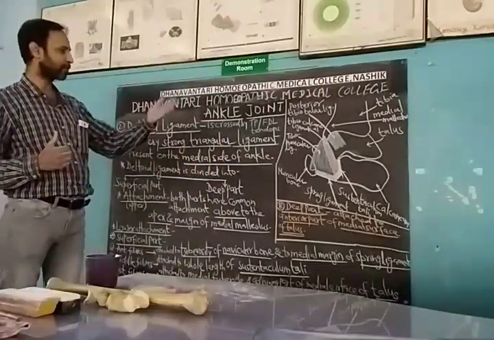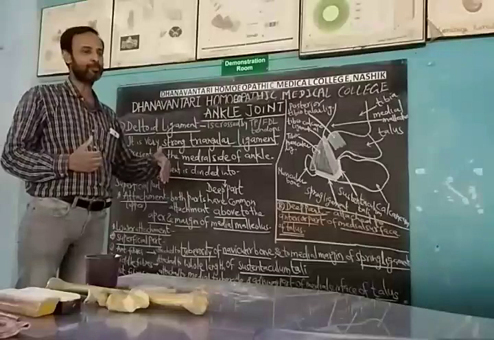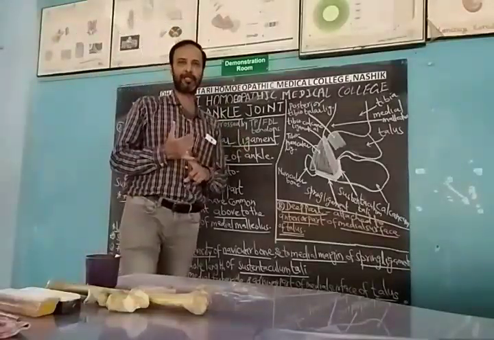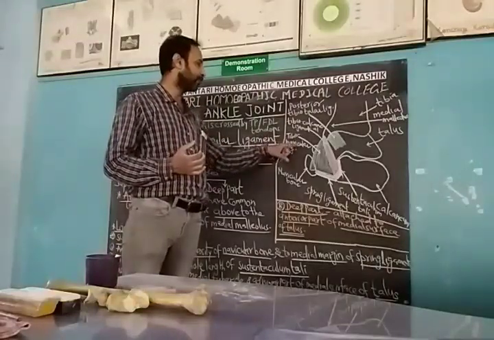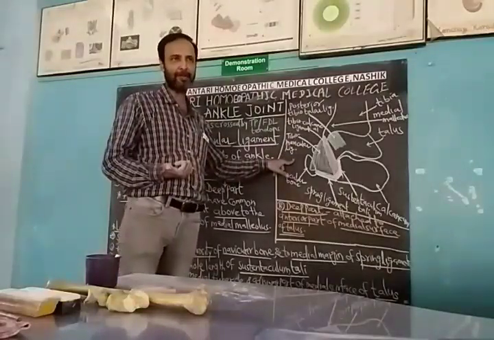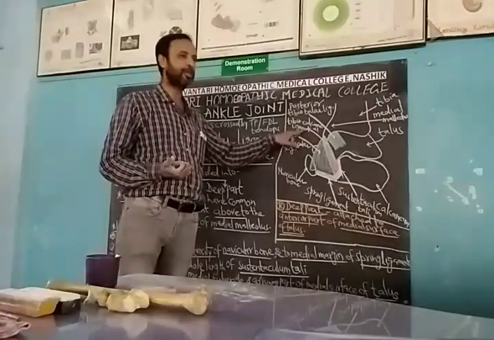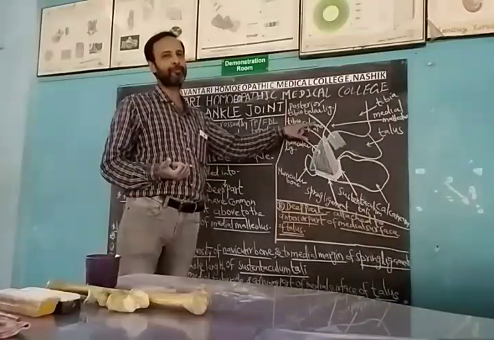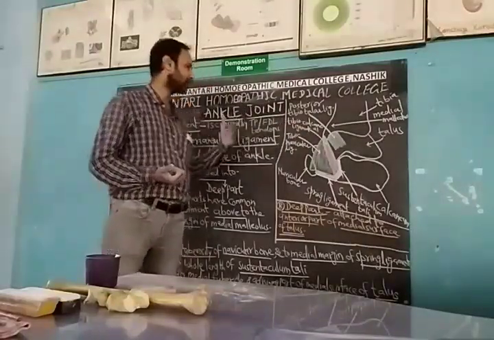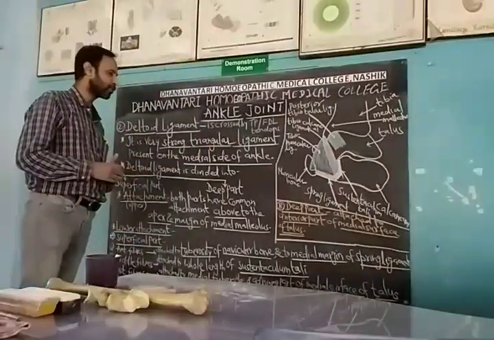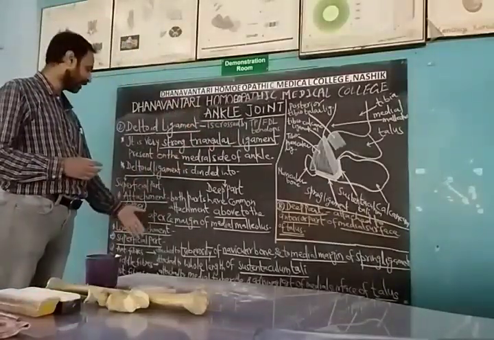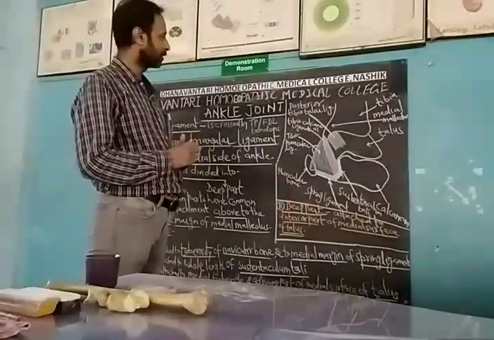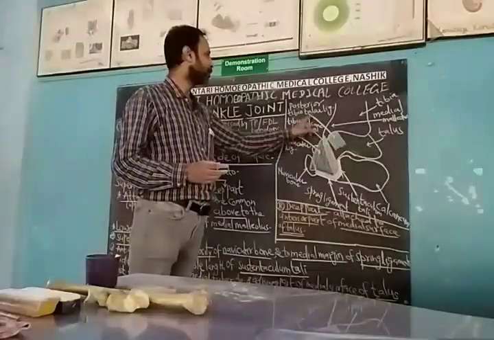The three parts are named according to where they attach: the anterior fiber, also called the tibio-navicular ligament; the middle fiber, called the tibio-calcaneal ligament; and the posterior fiber, which is on the talus, so it is the posterior tibio-talar ligament.